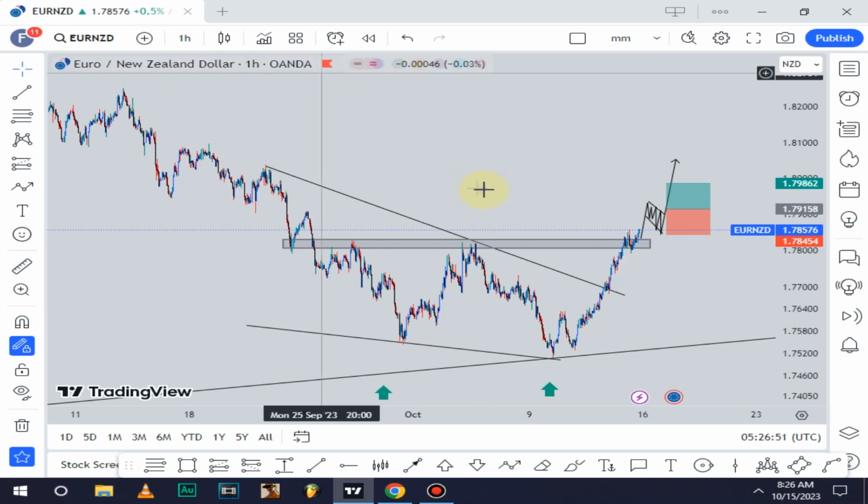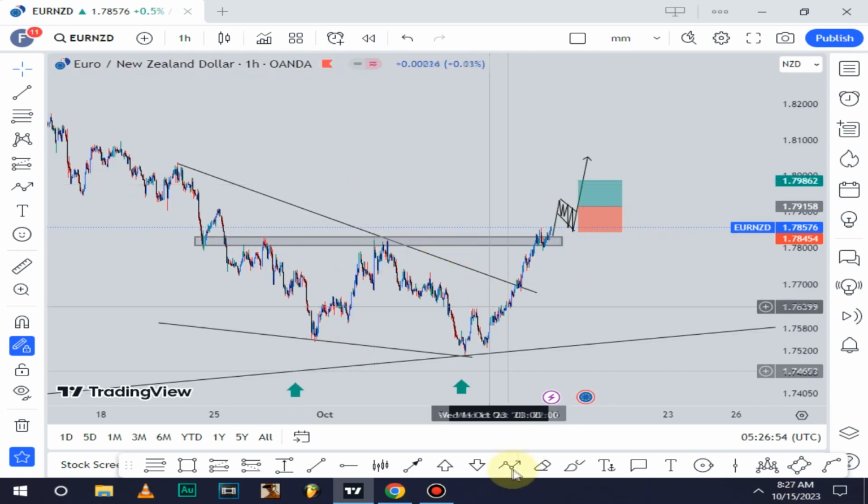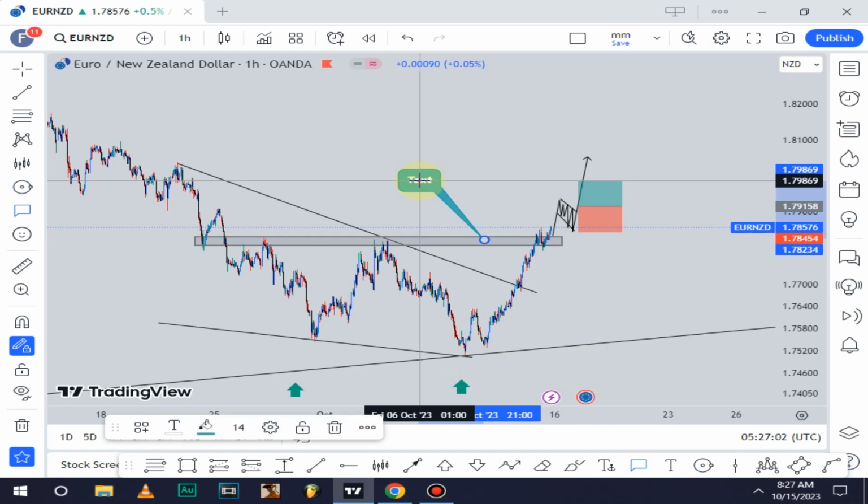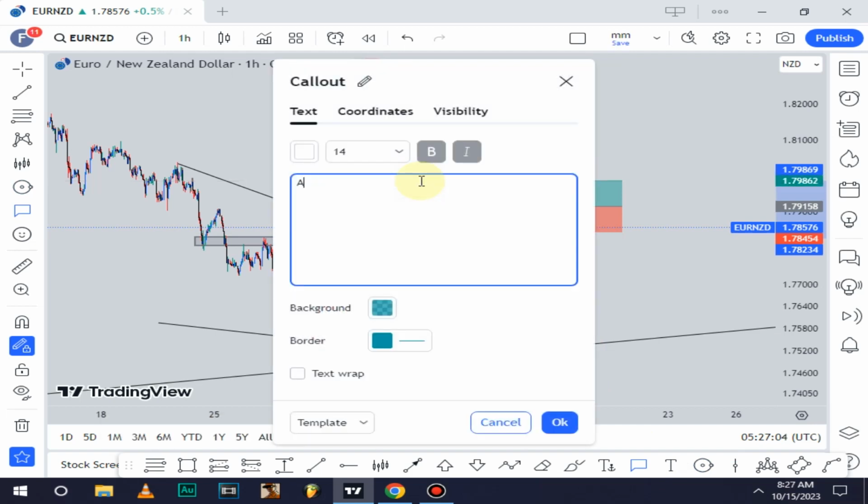So these are the areas of interest. Let me just call out this area of interest. I'll write that area of interest. All right, so then let me do this.